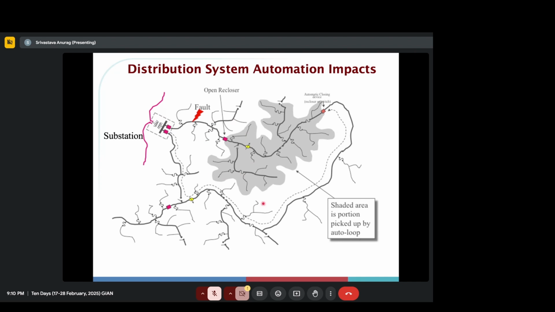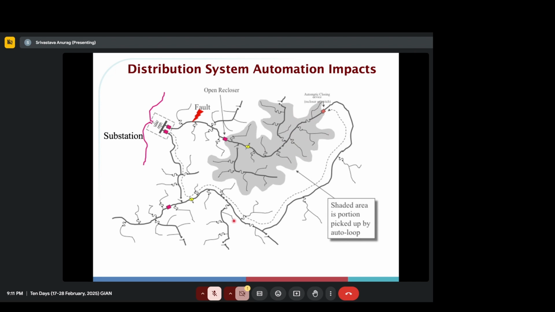So as you see, this is a practical problem. We don't have many switches, so only this part can be picked up. But if the fault happens here, then you cannot pick up this area because we only have two switches, one here and one here. If the fault is in between, then we cannot isolate the fault, and it needs to be repaired before we can close. If there was another switch here, then we could isolate from here and pick up this region right here.